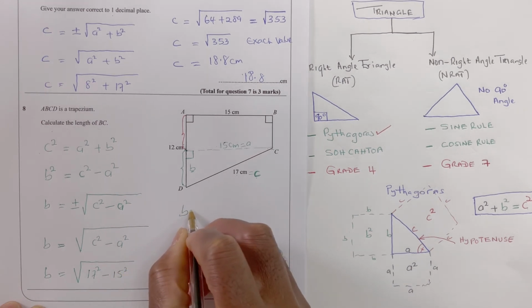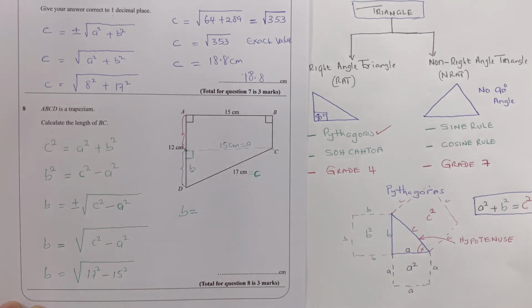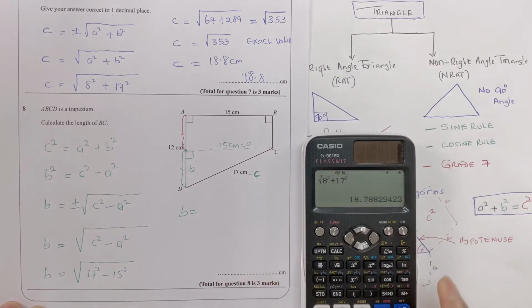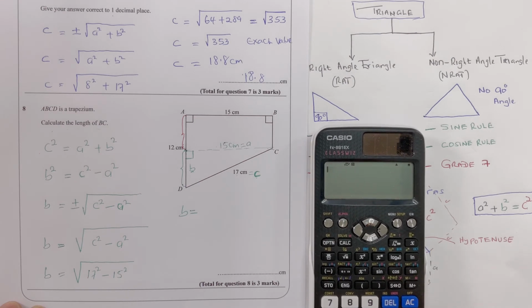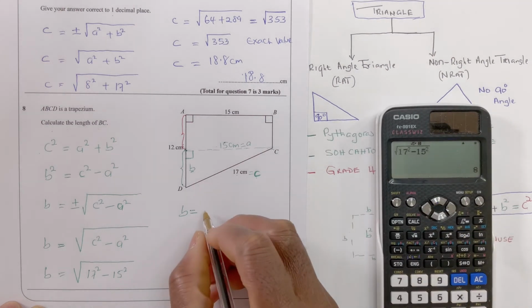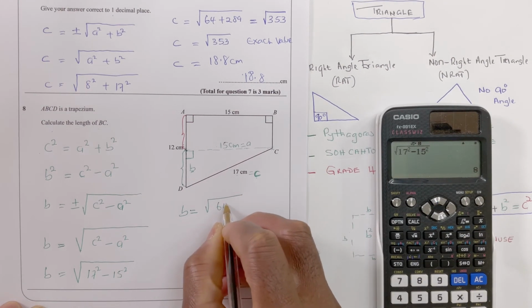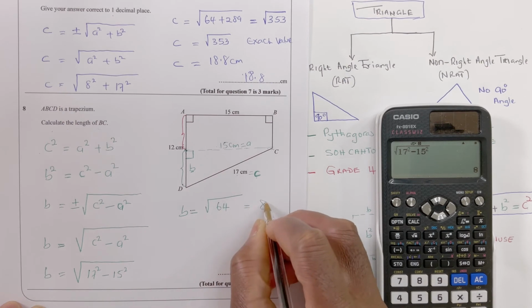I know 17 squared is 289, minus 15 squared. Let's just do it here. The square root of 17 squared minus 15 squared is 8, so that means it would be root 64, and the root of 64 is 8.